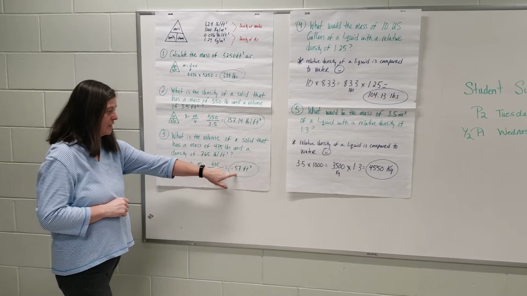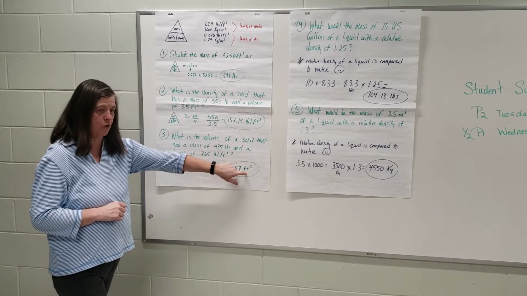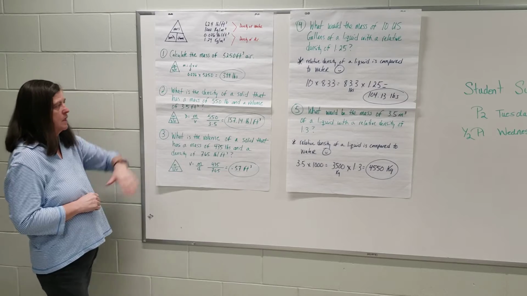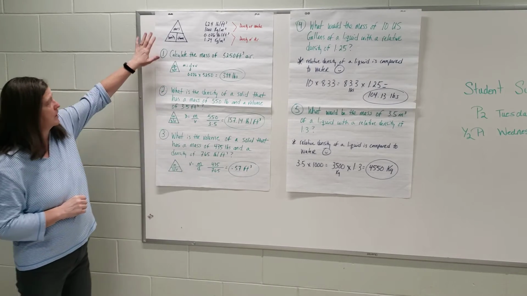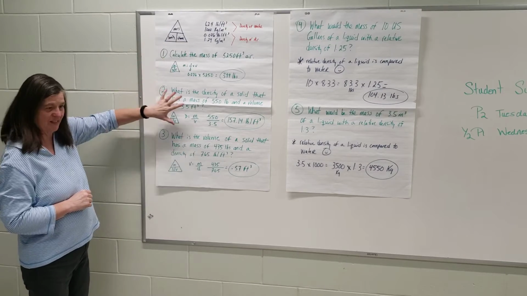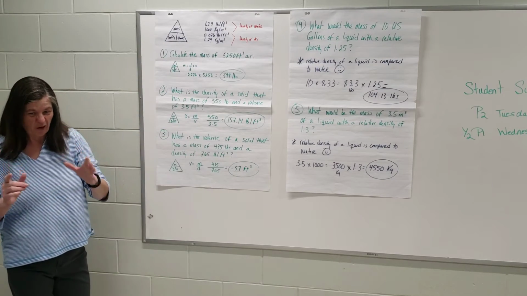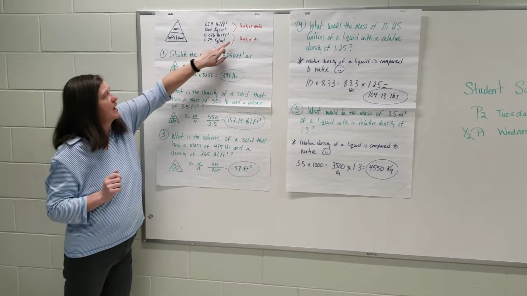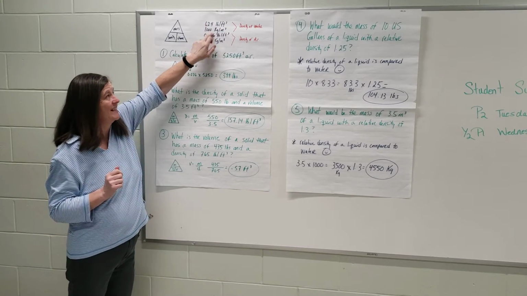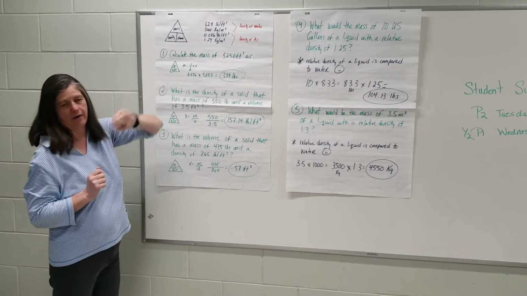We get 0.57 cubic feet. Three different ways some of these questions can be thrown at you. We're going to use the formula triangle. Sometimes the two numbers you need are right in the question. Don't overthink it. Sometimes we will need the density of either water or air.